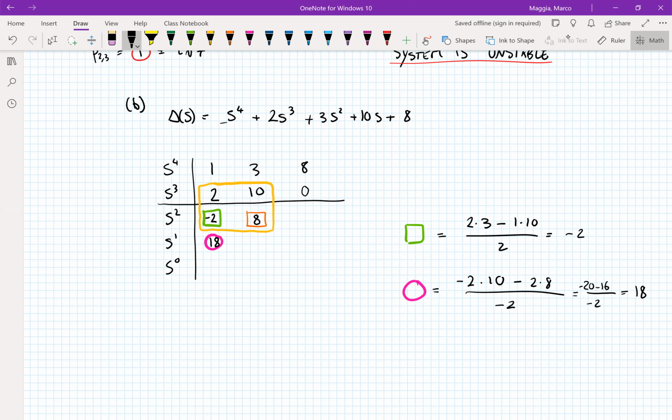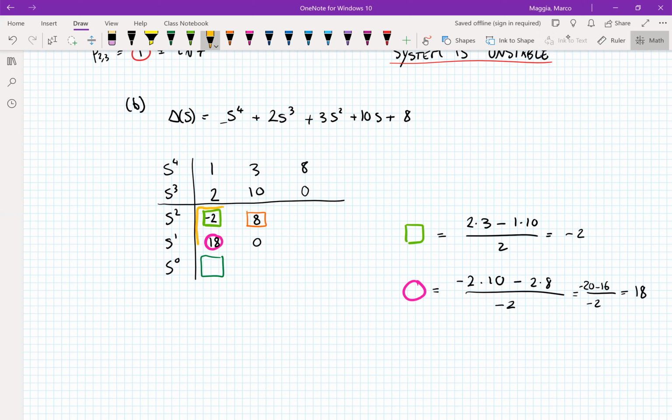What about the element to the right of it? Well, the element to the right of it would use these 2 coefficients and these 2 coefficients, which are 0. So we simply have 0. So now we're left with the last entry for the Routh array. So let's point out which coefficients we need to use.